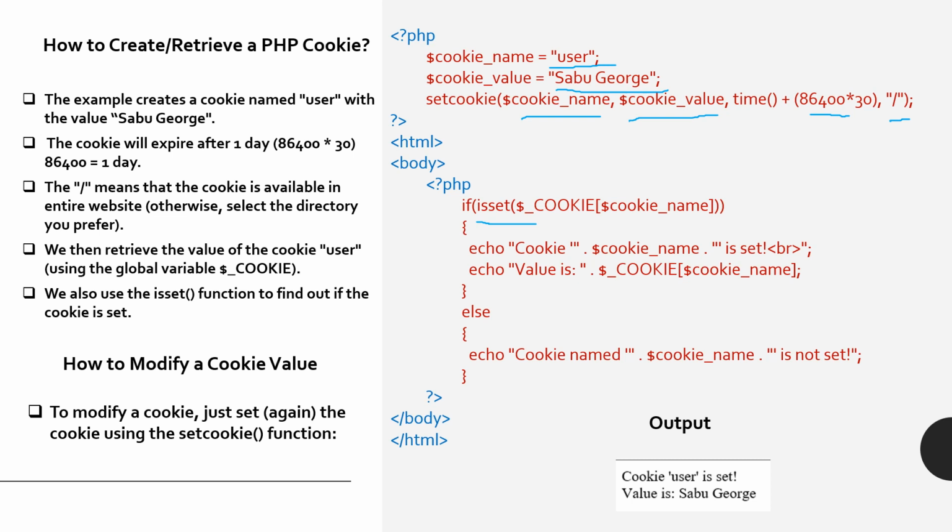If this condition returns true, it will display that the cookie user is set, and the value will also be displayed. This is the output, the corresponding value subject. Otherwise, it will display that the cookie is not set.